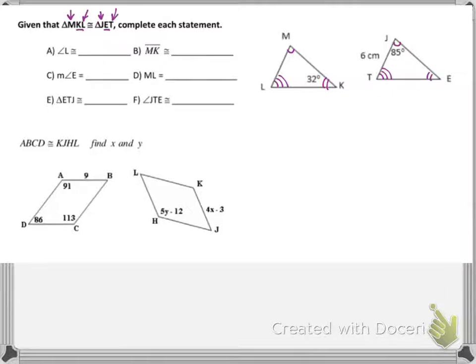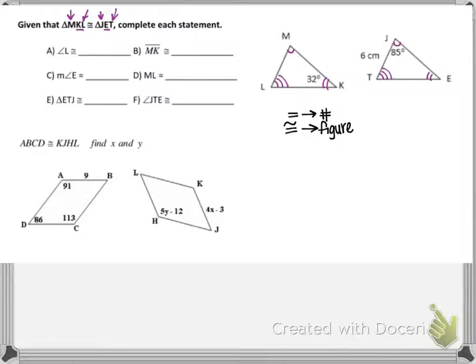A little note that I just want to share with you real quick. When I put an equals sign, I am looking for a number or a measure of some kind. If I put a congruent sign, I am looking for a figure.